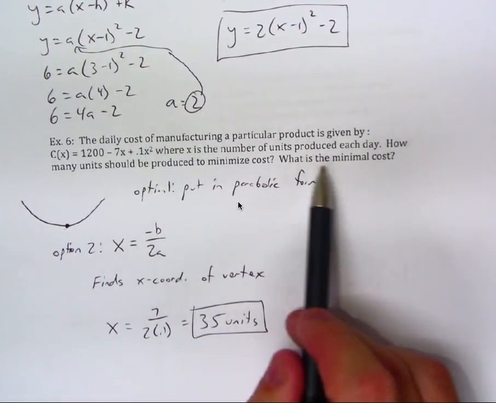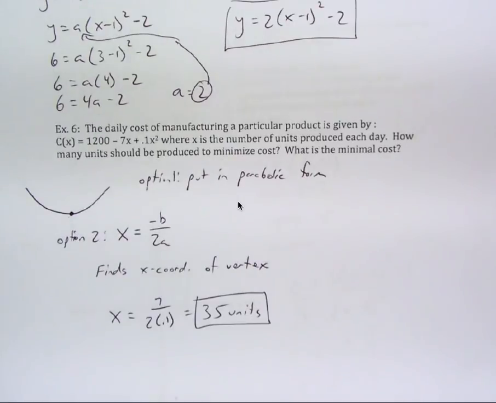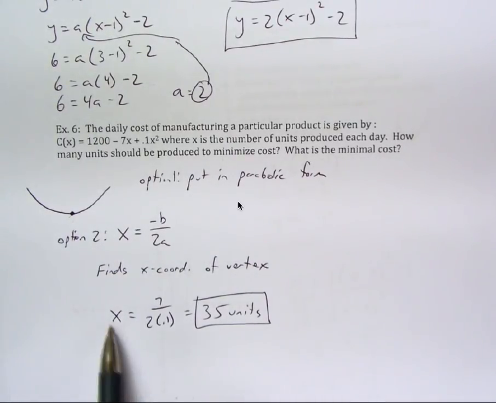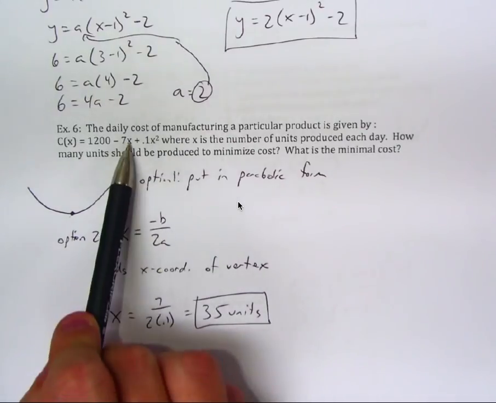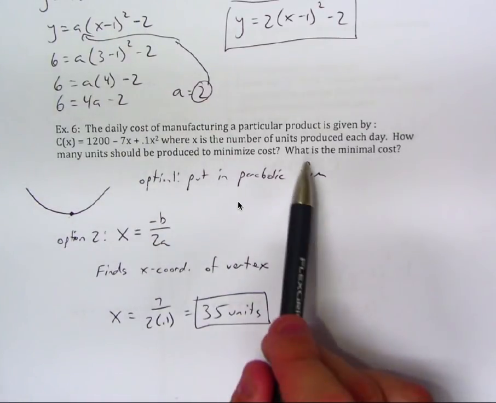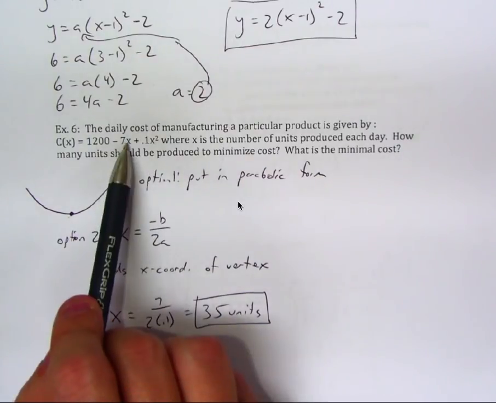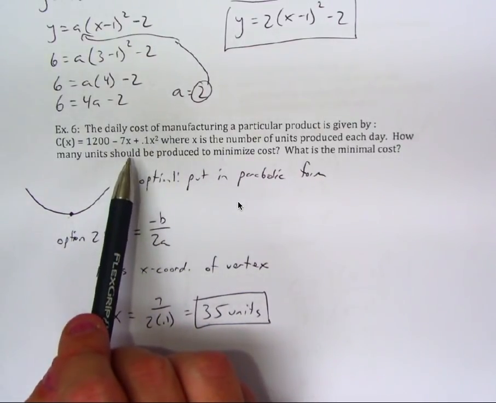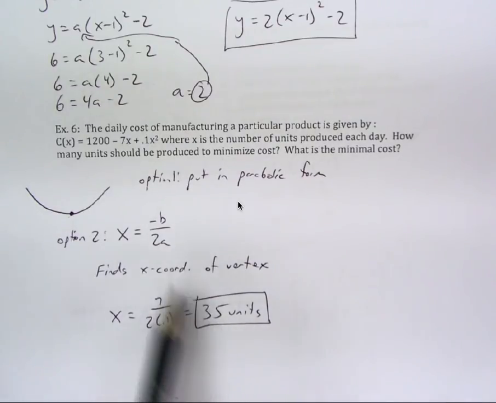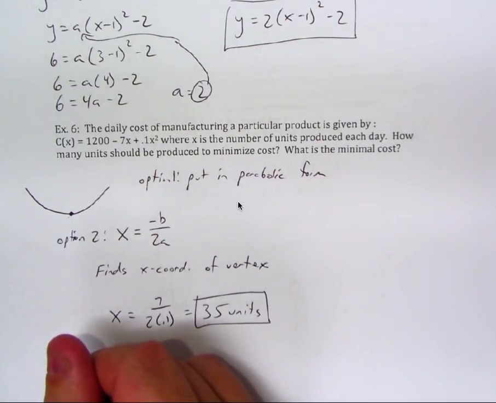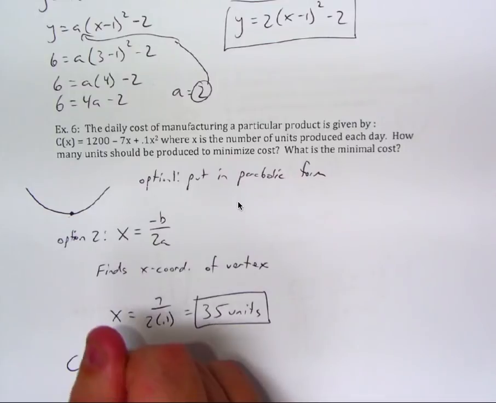And then it says, what is the minimal cost? Well, think about how you use functions in general. Functions are used if you know an input, you plug it into the function, and you get the output. And that's what we're looking for here. If 35 units are produced, plug 35 into your equation and figure out what the cost would be. So take out your calculator and put 35 where these x's are. So basically we're looking for the cost of 35 units.